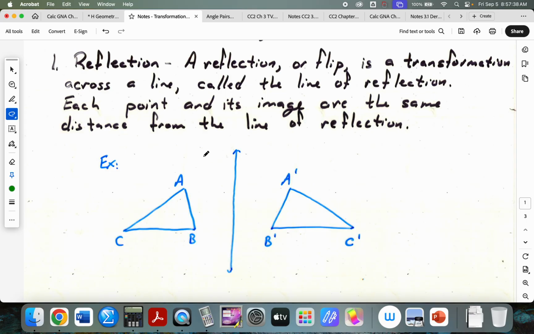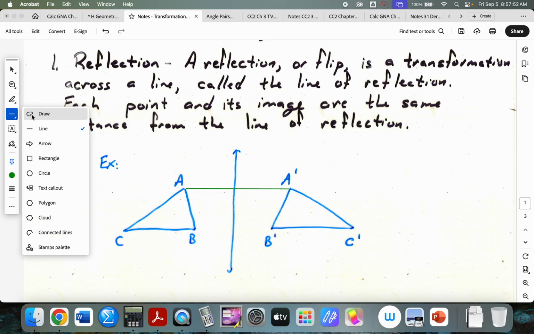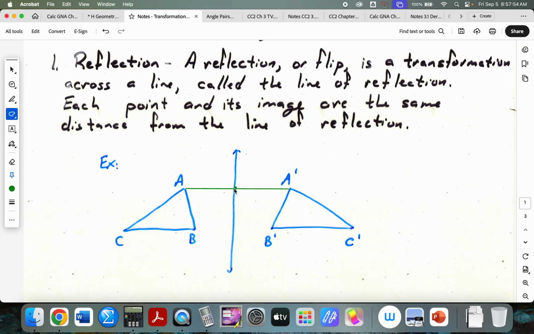So if we were to measure from A to the line, and then from the line to A prime, these two would be exactly the same length.